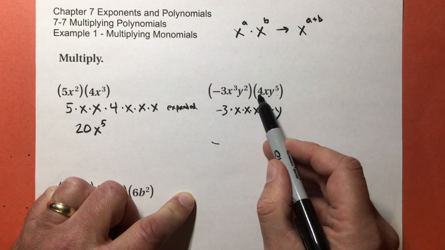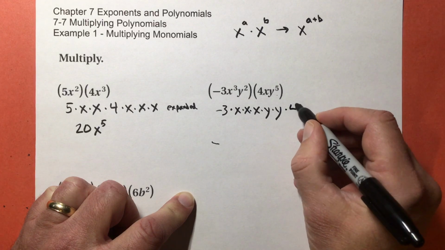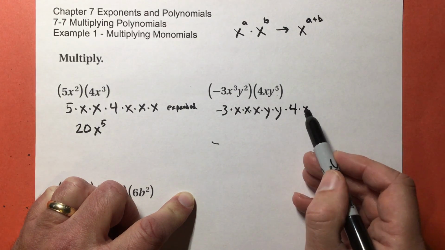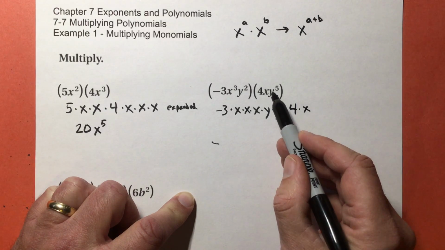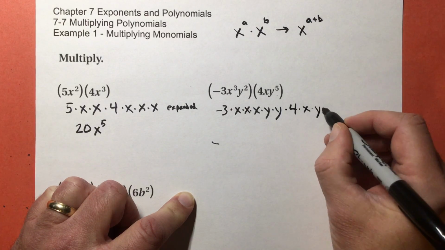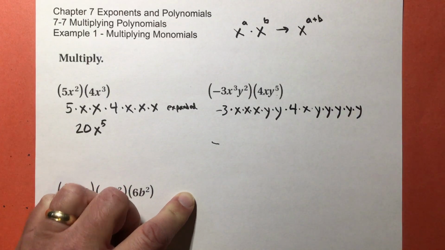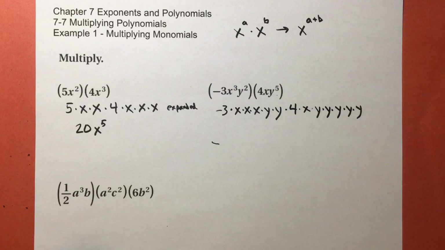Now in the next monomial, everything's multiplying, times 4. This time I've only got 1 x, and then I've got y to the fifth power, so that's y times y times y times y times y. Now I'm going to multiply the constants together.